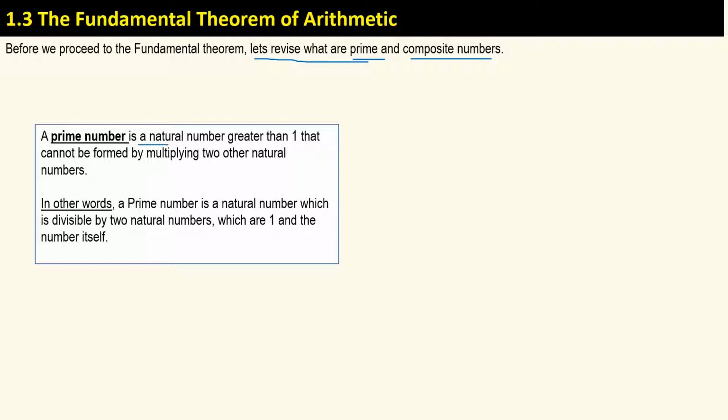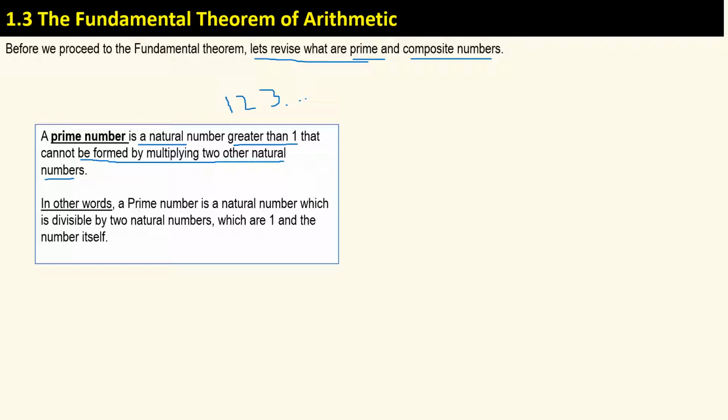A prime number is a natural number, meaning the counting numbers like 1, 2, 3. We can say a prime number is a natural number greater than 1 that cannot be formed by multiplying two other natural numbers.